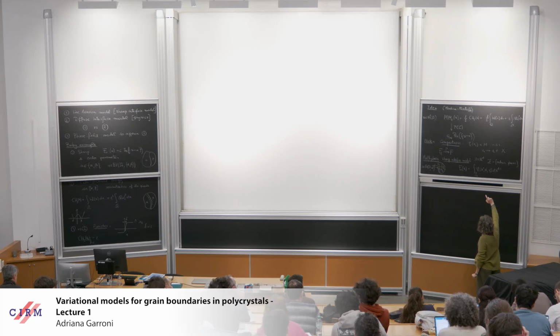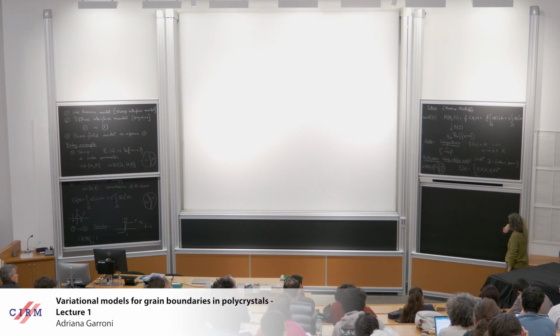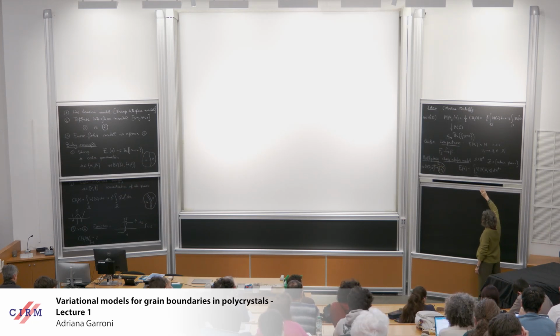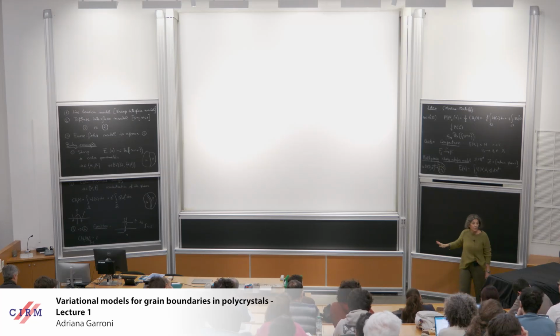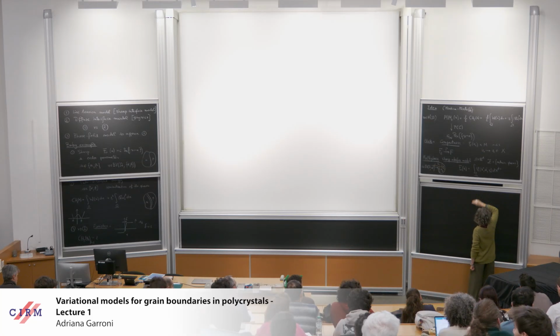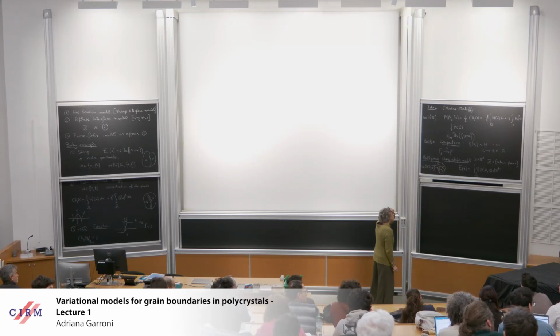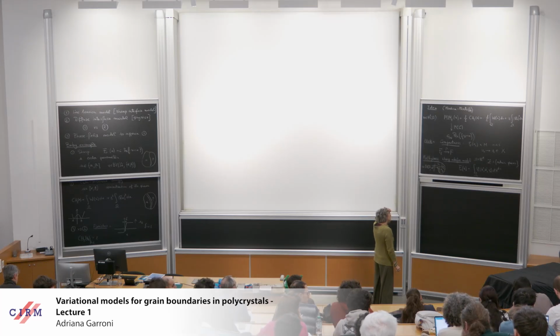As you all know, in principle, you can approximate energies of this type with diffuse interface models. And as you all know, if an energy is a Gamma-limit, it must be lower semicontinuous with respect to the topology that gives you this Gamma-limit. So the basic property that makes these sharp interface models lower semicontinuous is actually quite implicit.